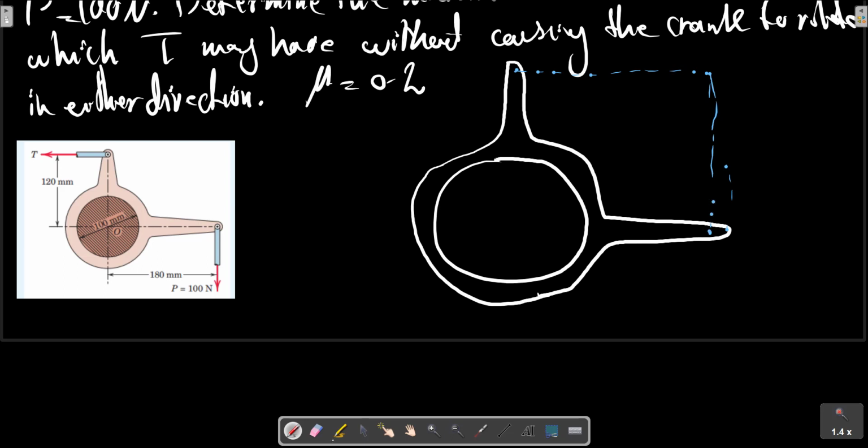The forces are, with the friction circle here, RF, the normal and the friction force.